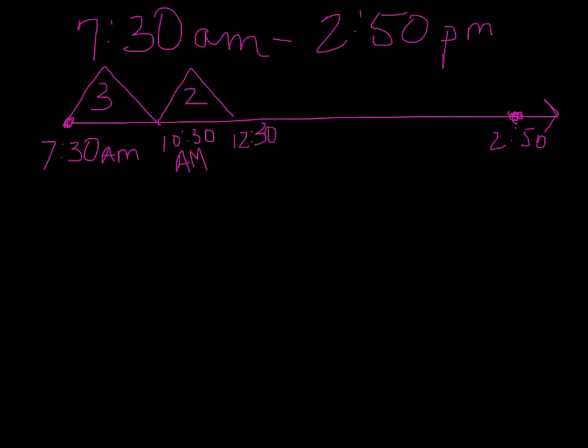It was a.m., now it's got to be p.m. All right, so I can do 2 more hours. Remember, your hours are your mountains. I'm trying to get all the way to 2:50. 12:30 plus 2 more hours is going to be 2:30.